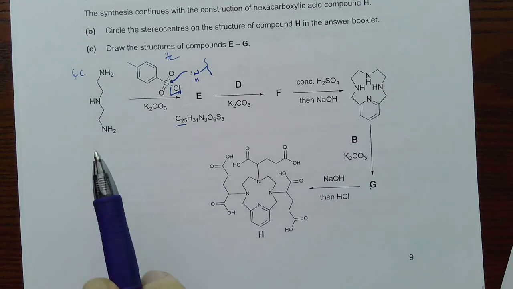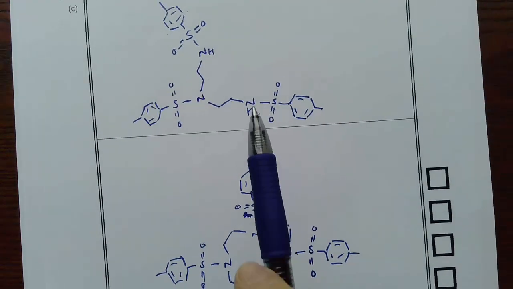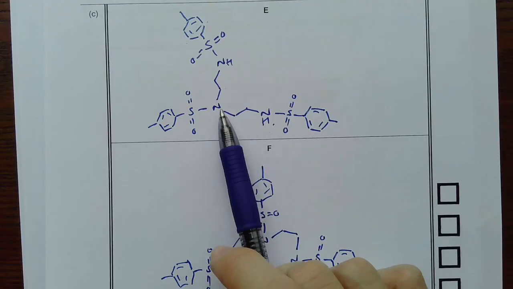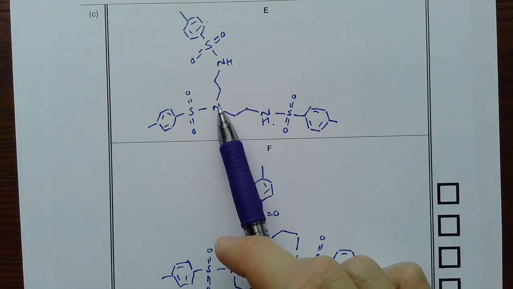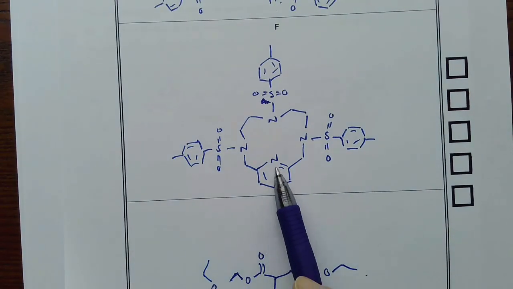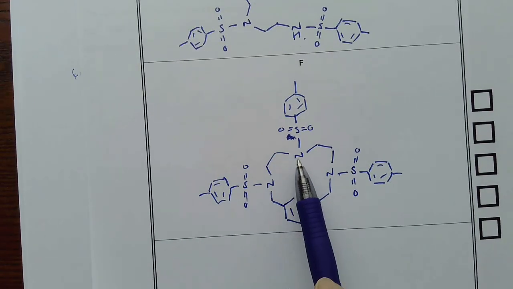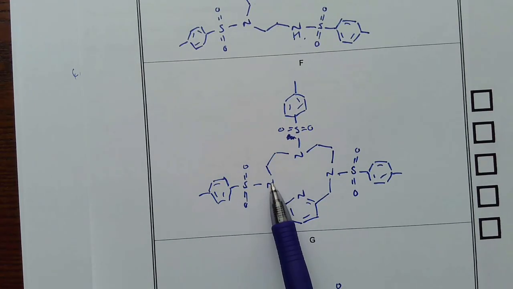So what that means is by converting this to this, I'm protecting the amines. Essentially, what it does is it means that this amine here cannot react with my pyridine ring molecule, right? So it stops this nitrogen here from attaching here, right?